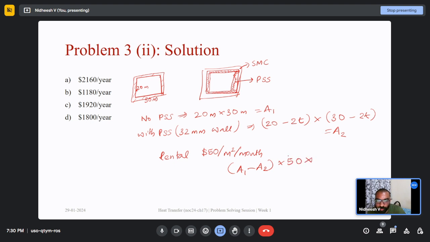It is per month, and we need the answer per year, so we can multiply that with 12, and we will get the lost income. It is not a heat transfer question, it is an aptitude question, so I don't want to spend much time on it. You just make sure that you know what is being asked in the question and how we can solve it. Is it clear?